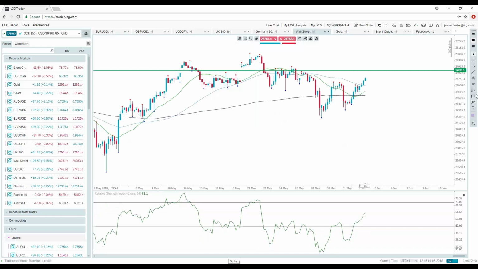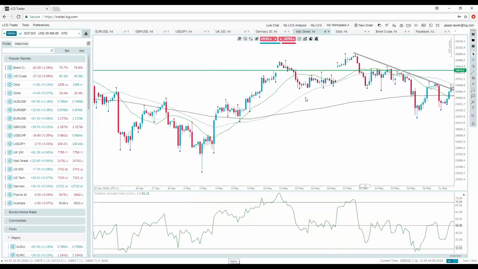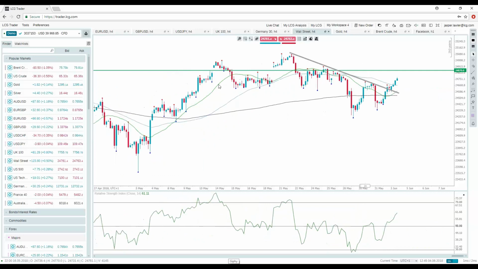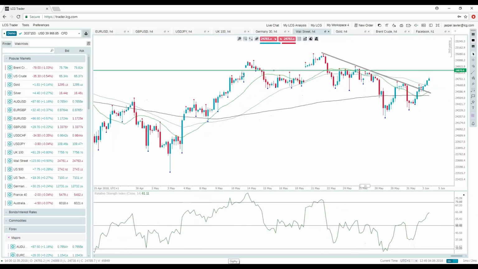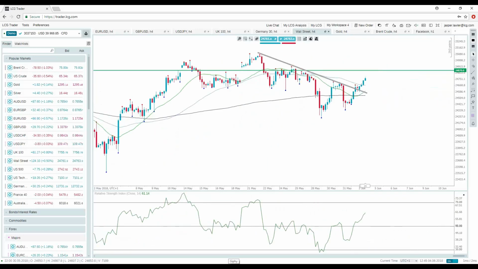There's a little bit of evidence that maybe this correction phase has ended if you judge on that downsloping trend line, but again, it's a trend line drawn within what is basically a pretty choppy sideways market, so I wouldn't put too much stock on this. I think we need to try and get up through 24,870, that old high, and then these two peaks as well.